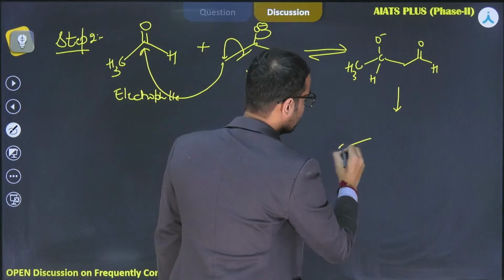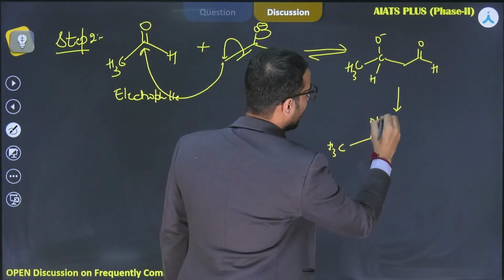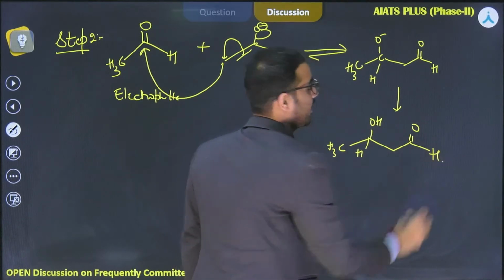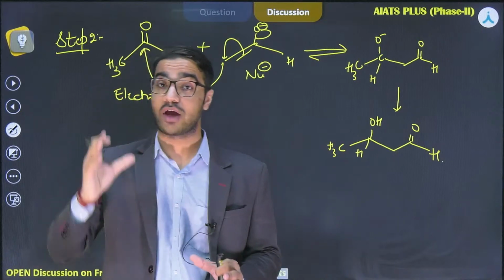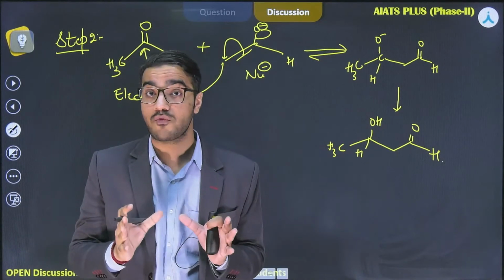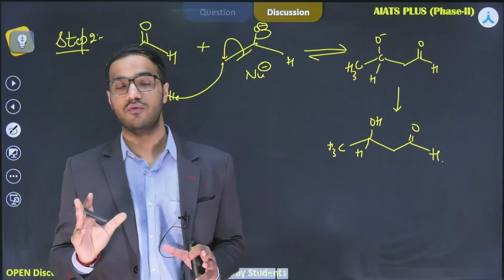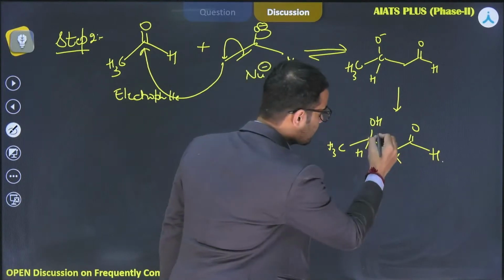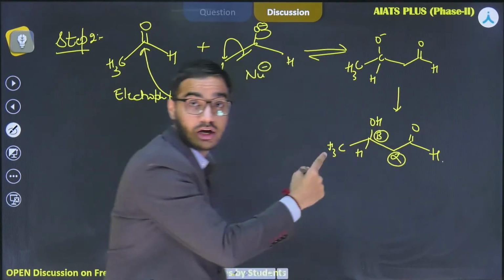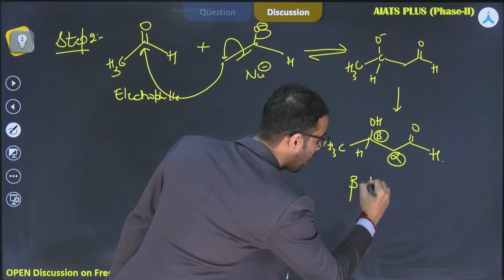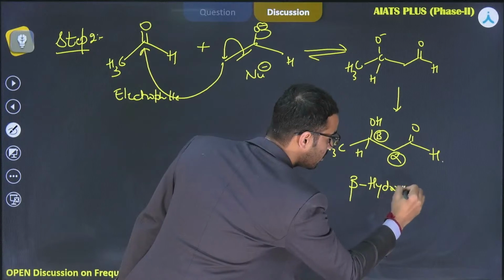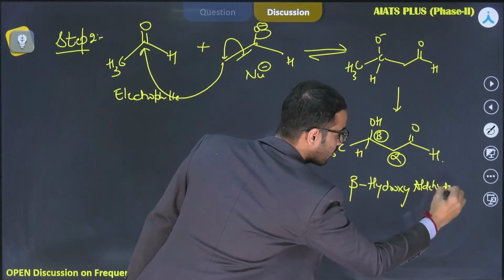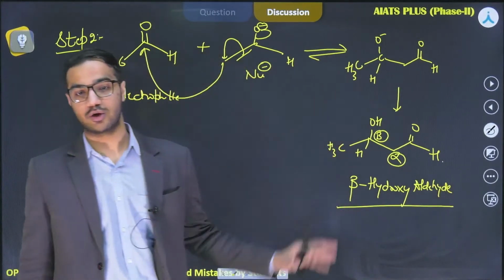You will get CH3CH(OH)CH2CHO. This is the final product of aldol reaction. This is a product of aldol reaction, not of condensation. Always remember. This will be the alpha position, this is the beta position, and the product formed is known as beta hydroxy ketone or aldehyde.